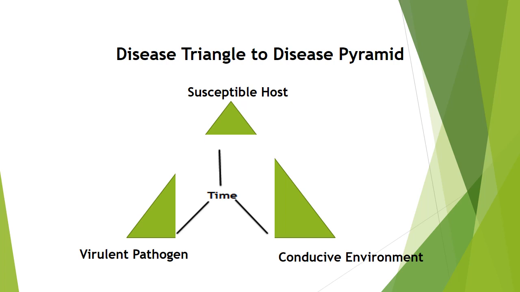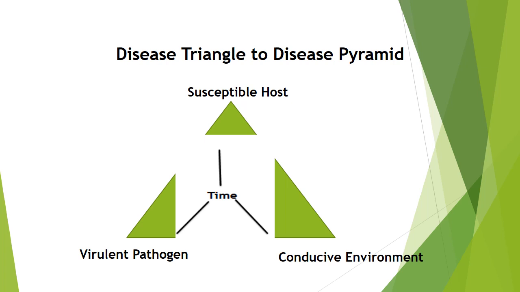But that particular time in the growth of the plant is missed by the pathogen, so there would be no disease. So now we have a disease triangle with all three vertices covered: one by the susceptible host, another by the virulent pathogen, and the other by the conducive environment. And inside the disease triangle, there is time. There is nothing left in this triangle to add any more factor.